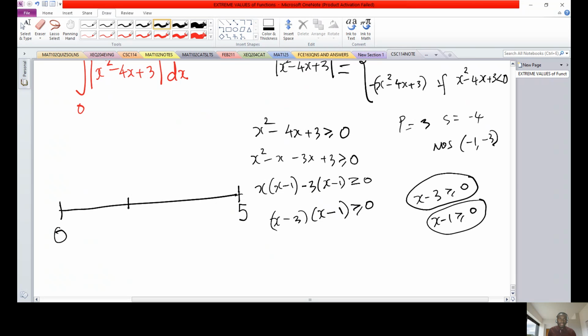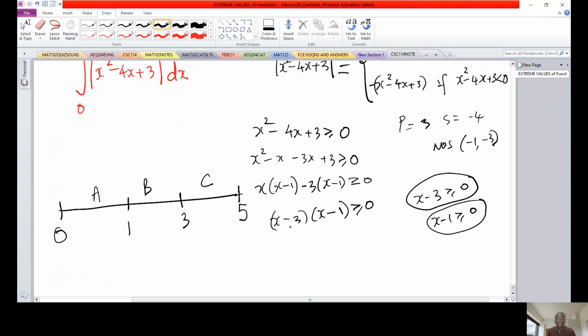So we have the numbers 1 and 3. Now 1 and 3 help us to partition this interval from 0 to 5, to know how we need to rewrite our integration. So we have 3 parts: part A, part B, and then part C.